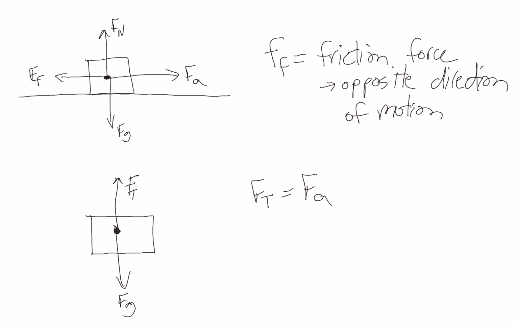Okay, I think that takes care of everything. Just be careful of labeling them. The other force we use often is net force, and that's what we're going to talk about in our next lesson.